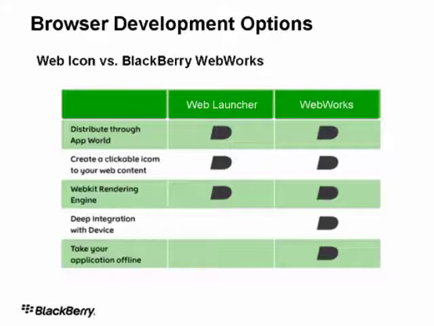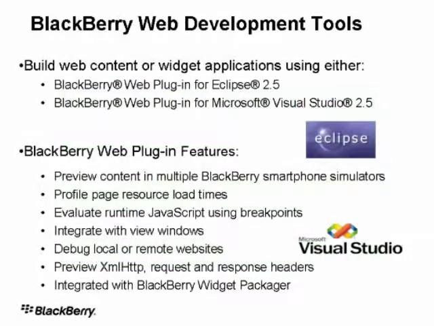All the content can be bundled with the application, so the application doesn't have to go online to get the content. Obviously, the WebIcon does. As I mentioned, the tools are the BlackBerry Web plugin for Eclipse and Microsoft Visual Studio, and you can debug, preview, integrate, do whatever with these applications.